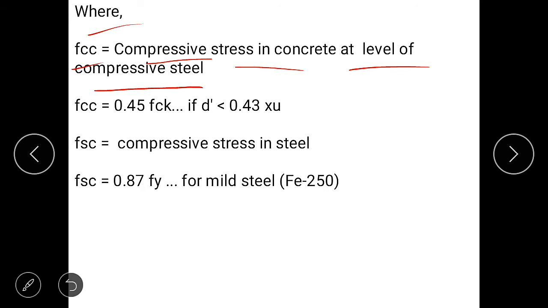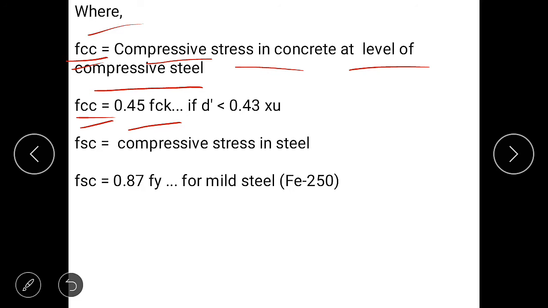How to calculate FCC? FCC is equal to 0.45 FCK. If M20 is given, then 0.45 into 20 is FCC.